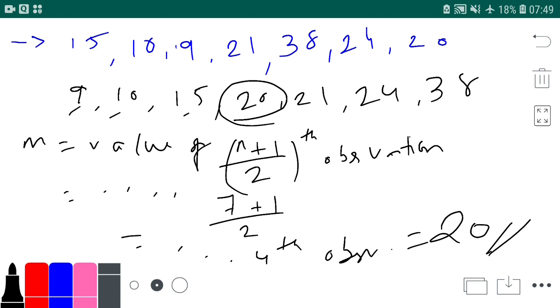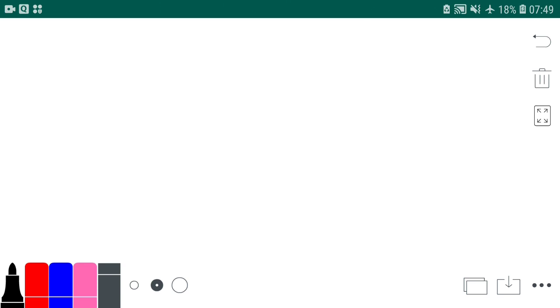Let's take an example from the textbook. You can come to page number 85 in your textbook.